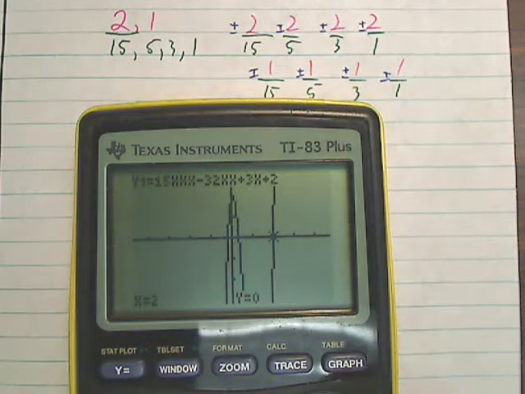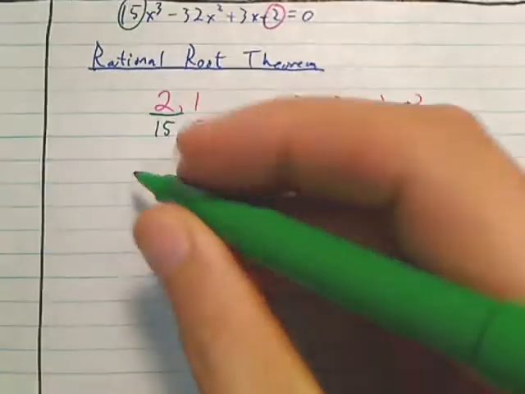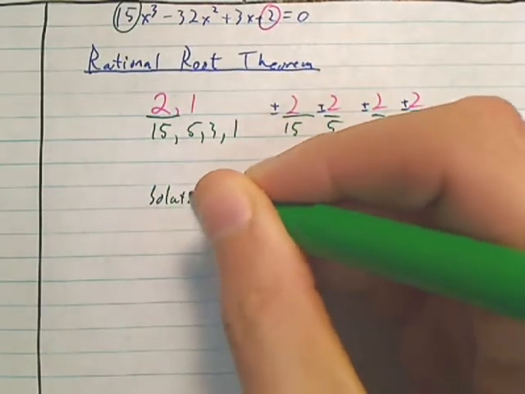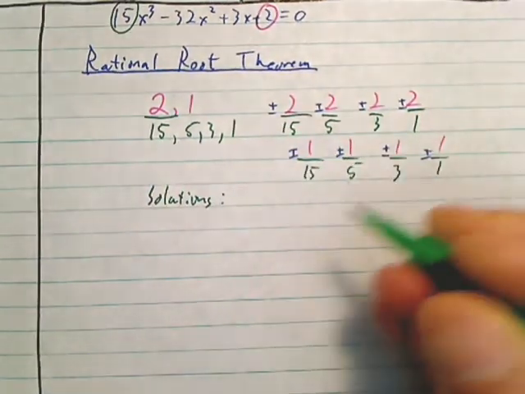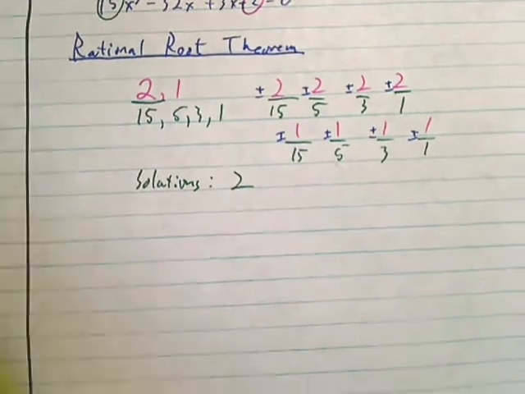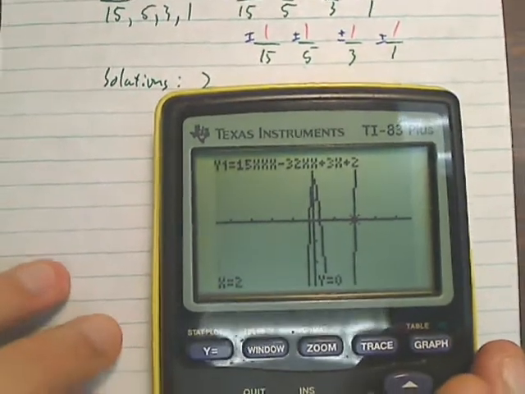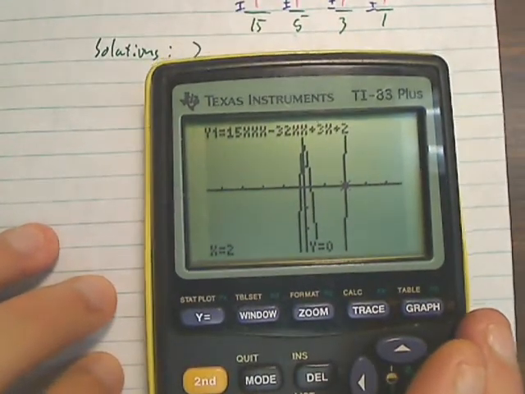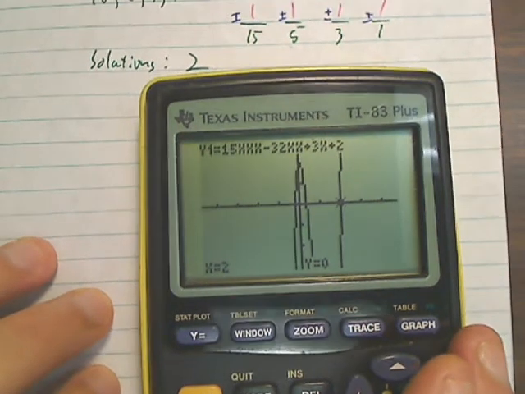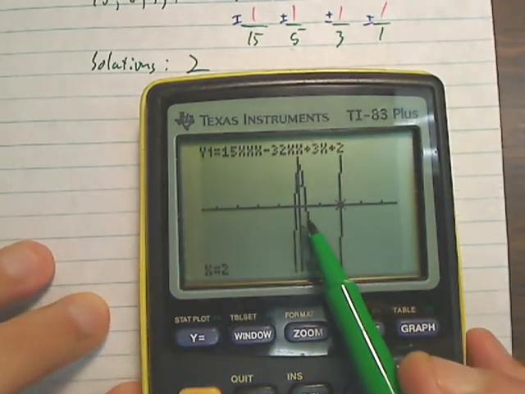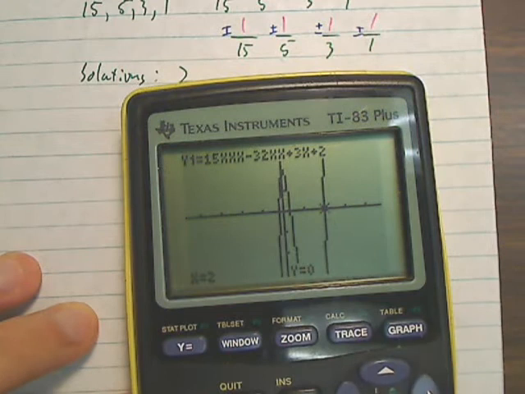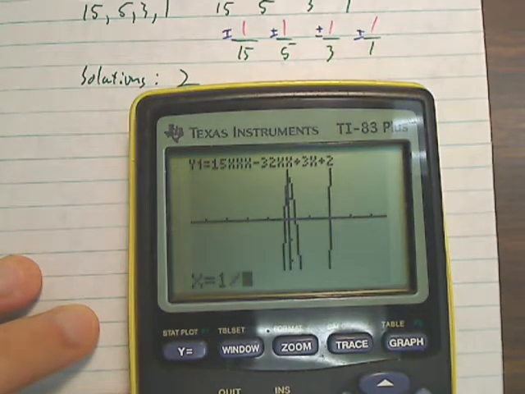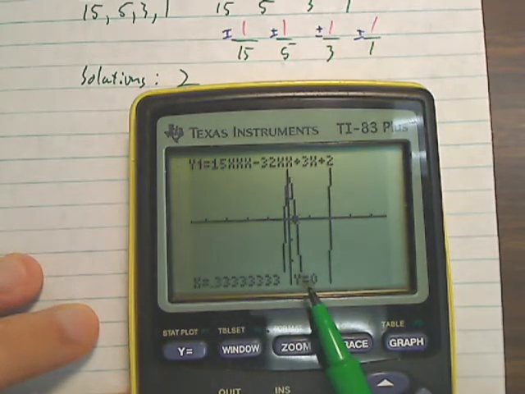So let me start with this. My solutions are 2. Okay, what else could we have here? Well, right here, it looks like it's kind of close to 0. Not as close as that one right there. Maybe 1/3. And yes, 1/3 comes out to 0.